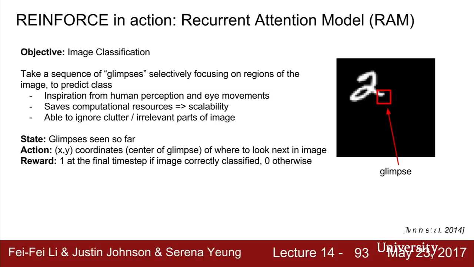You don't need to process the full image. In practice, you look at a low resolution image of the full image first to decide how to get started, and then you look at high-res portions of the image after that.